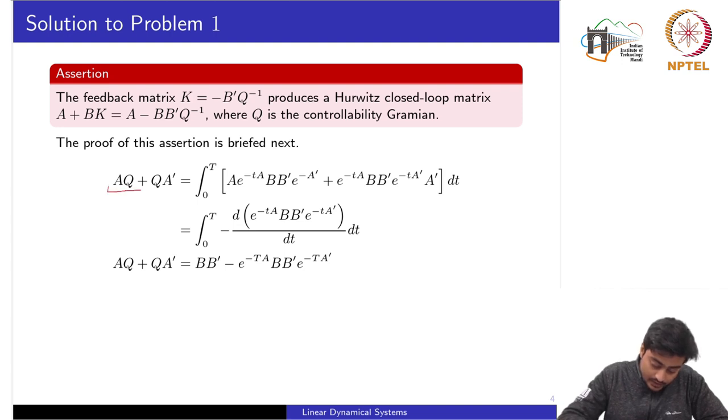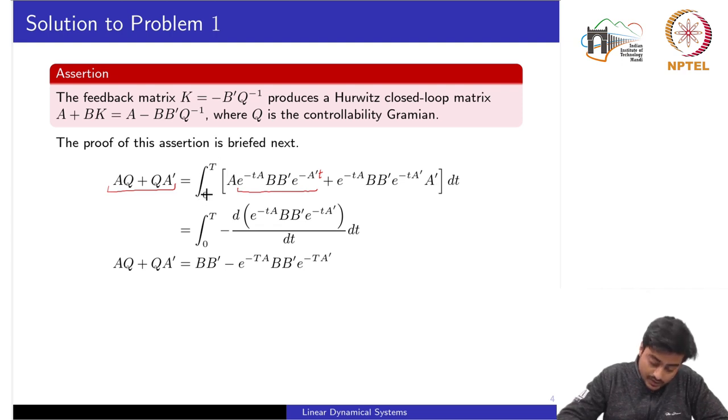If we recall, the left side is the left side of the Lyapunov equation, AQ plus QA transpose. The controllability Gramian is computed using this method where we have this A transpose T. So A times Q plus Q times A transpose, and the overall integral.